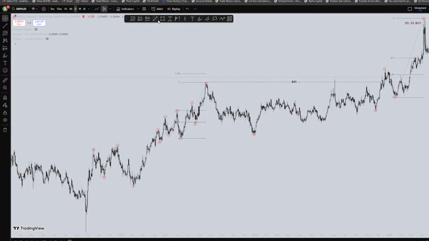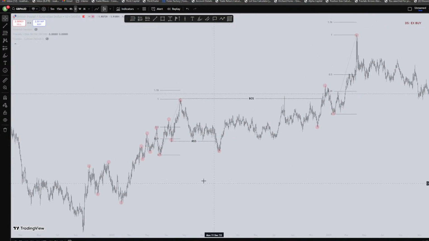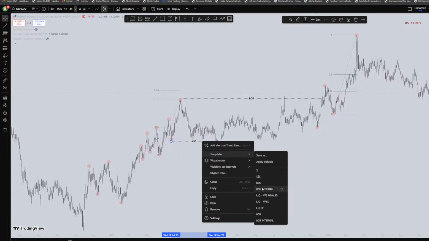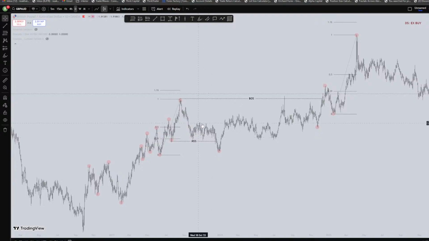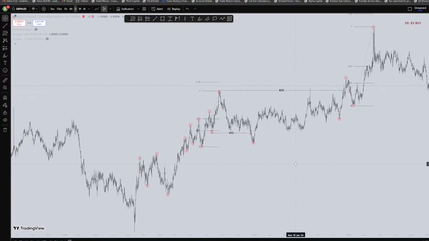So when this was trying to be MSS, broke. This is an internal MSS, it broke, then price valid.